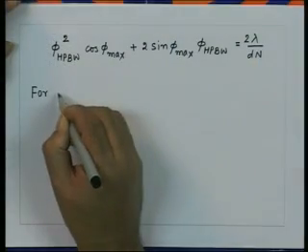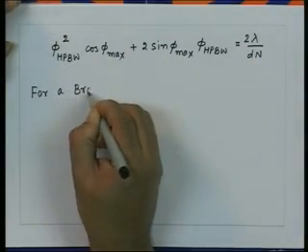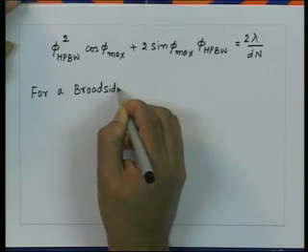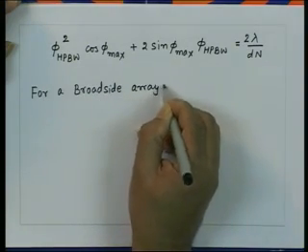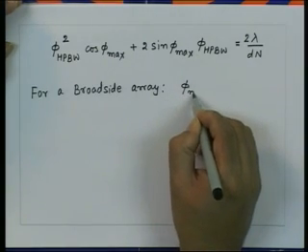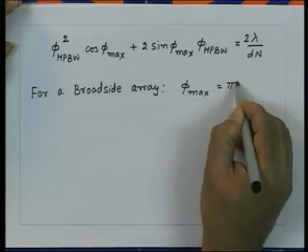So, if I take these 2 extreme cases, when phi max is pi by 2, that is broadside direction, and when phi max is 0, which is the end fire direction, essentially I will get these 2 extreme cases, and then one can say that systematically the beam width will be increasing from the broadside direction to the end fire direction. So, for broadside array, phi max is pi by 2.